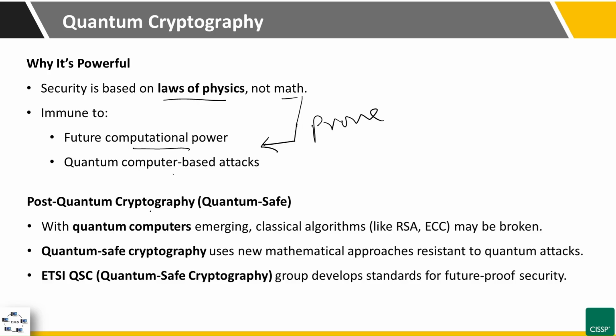Now, post-quantum cryptography, that is quantum safe cryptography. With quantum computers emerging, classical algorithms like RSA and ECC may be broken. Quantum safe cryptography uses new mathematical approaches resistant to quantum attacks. The CQSC, that is the Quantum Safe Cryptography Group, develops standards for future-proof security.